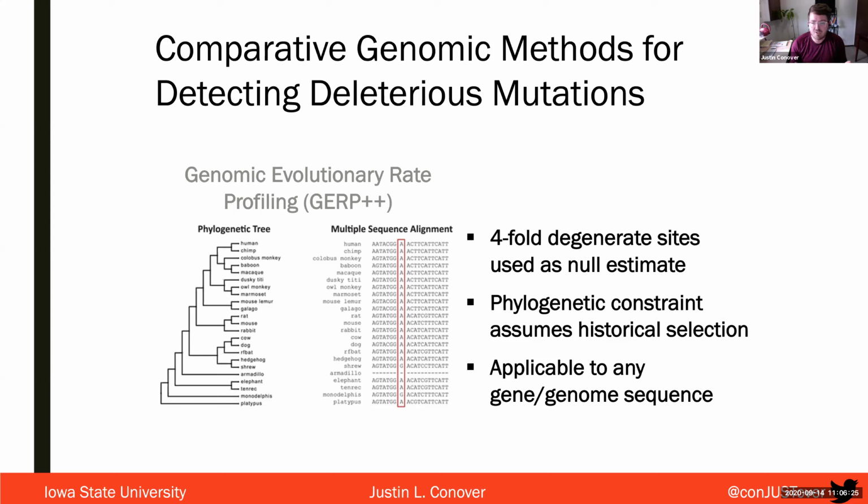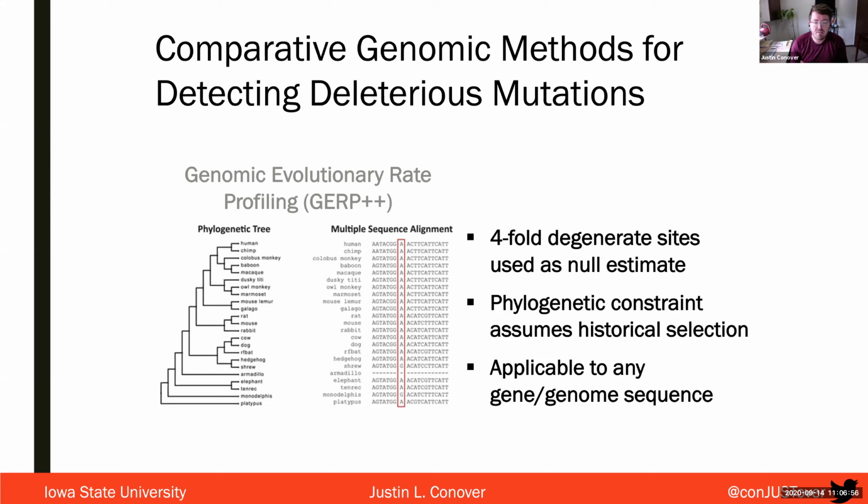So if there was no selection acting at those sites, they should be evolving at the same rate as these fourfold degenerate sites. In the same vein, if there's a site that has less variation than you see at the neutrally evolving sites, then that's inferred to be somewhat deleterious, because there's been some sort of purifying selection that's resisted that position in the genome changing as fast as the neutral rates do overall in the genome.